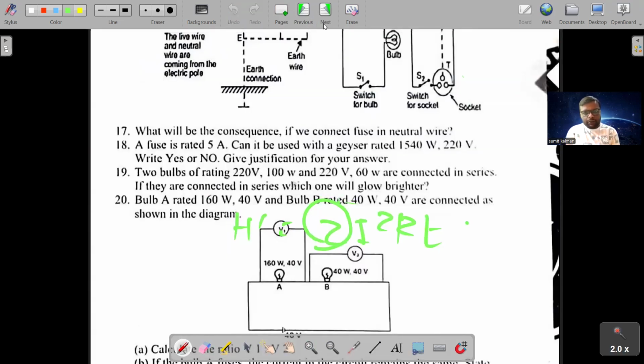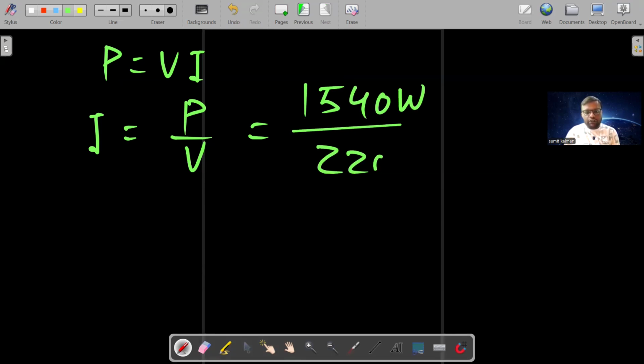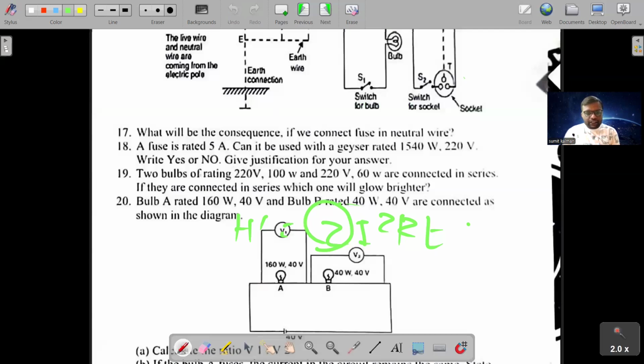Here power is 1540 watt and voltage is 220 volt. So 154 upon 22 gives 7, so we are getting current as 7 ampere. And students, the rating of the fuse is 5 ampere. Is this clear? So if we use this in the geyser, then what will happen?